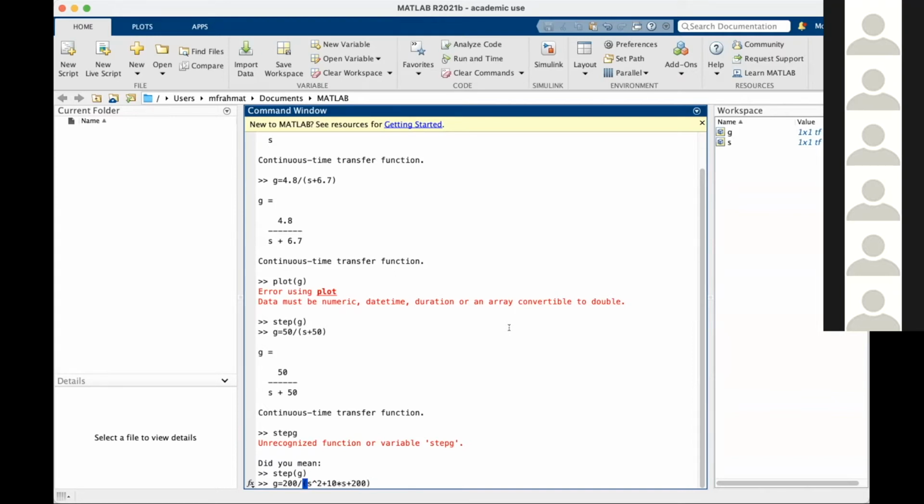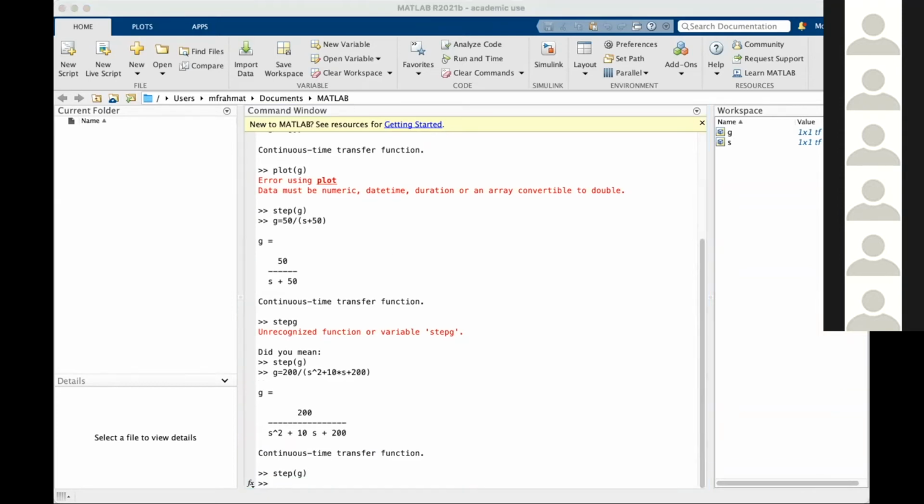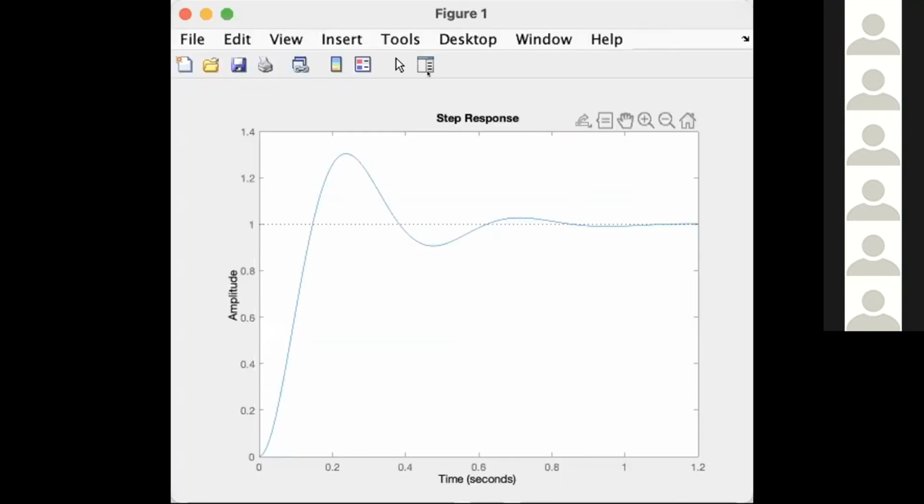Yes. And how to generate the graph? step(G). step(G). Yeah. Okay. Can you see the response? No, not yet. Okay. Right.